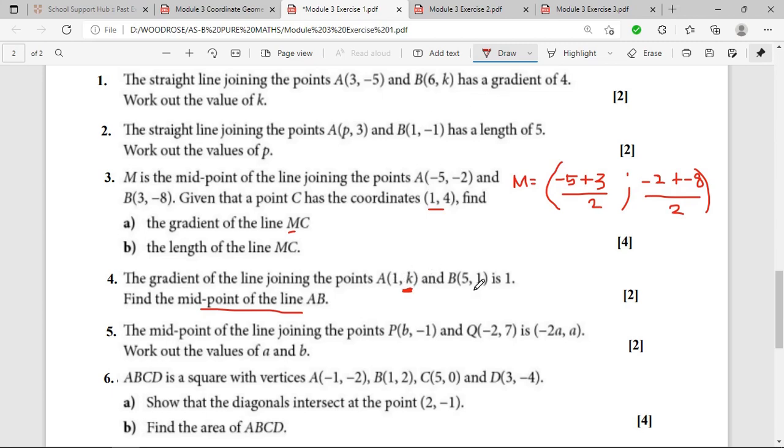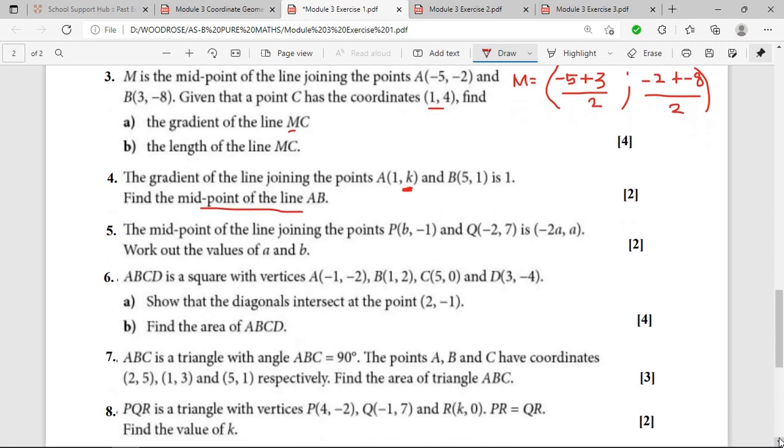You find the gradient of A and B, then you equate to 1. Then after that, you find k. Then after finding k, you substitute the value of k. Then you find the midpoint, like what we've done on number 3. On number 5, the midpoint of the line joining PQ is this one. This is our midpoint.